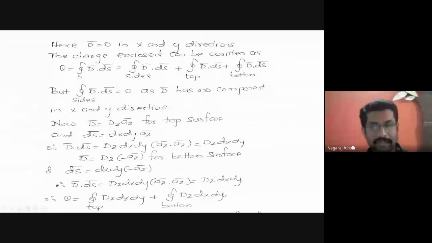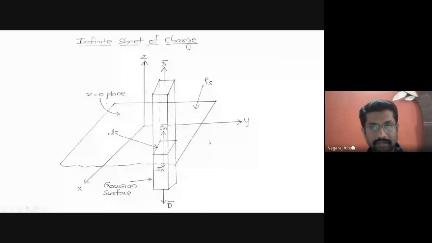Here, in this equation, dz dx dy for the top surface, plus for the bottom surface, dz dx dy. Then what is common? Dx dy and dx dy are common in both the integrals. Okay, so if you take dz outside, then the closed integral for the top surface dx dy plus the closed surface integral for the bottom surface dx dy. If we integrate this dx dy, what do we get?